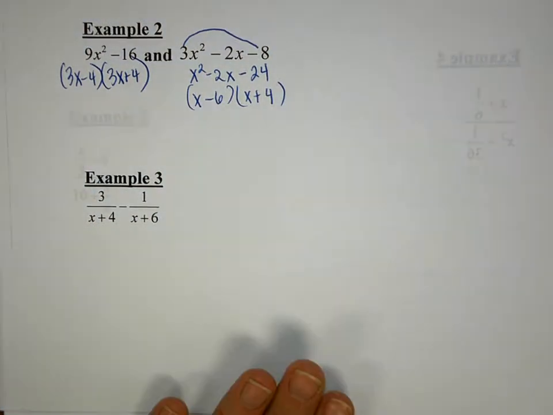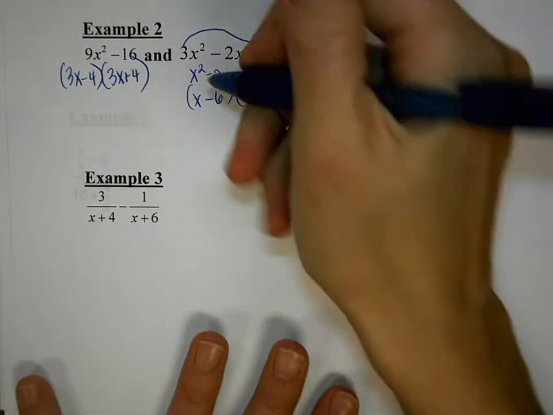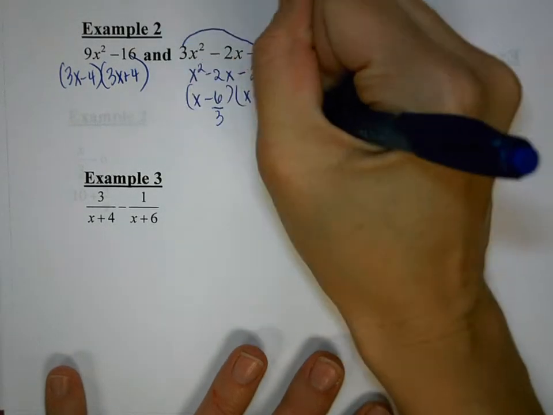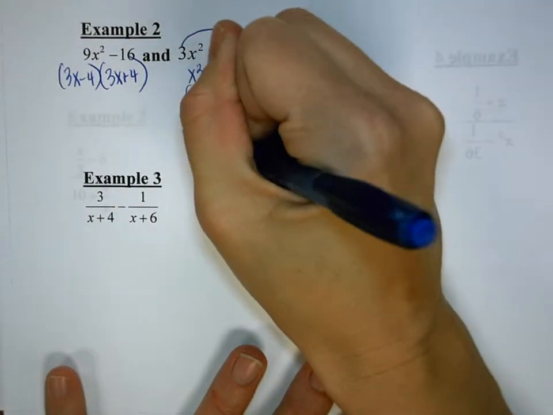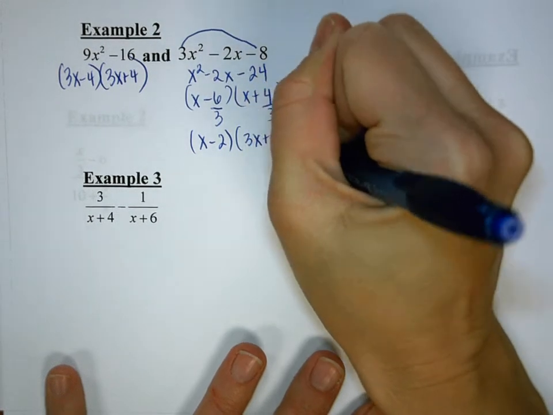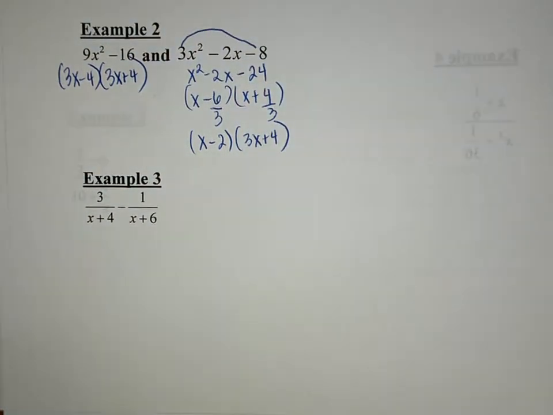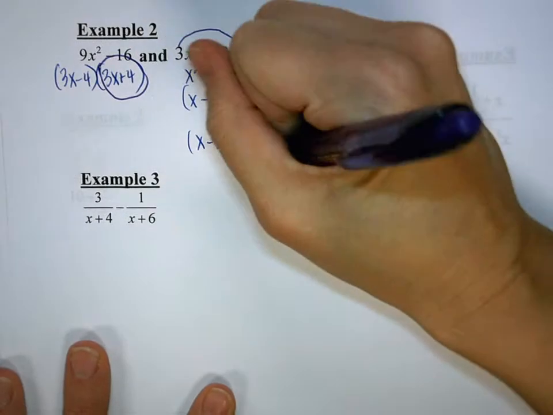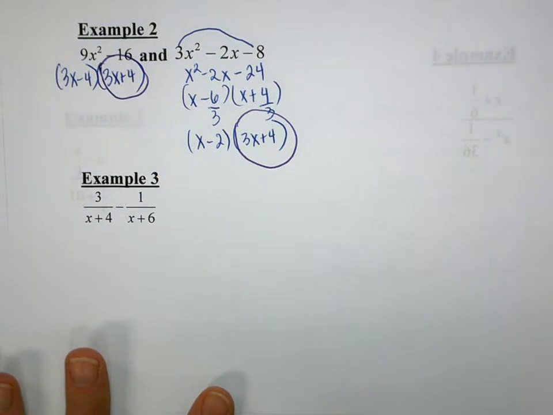But whenever we go over, we also need to go under. What number am I going under by? 3. Under by 3. Very good. And 3x plus 4. Okay, so now we look, which ones do they share? Which ones do they have in common? Okay, so 3x plus 4, this one, and this one, I only have to write how many times?